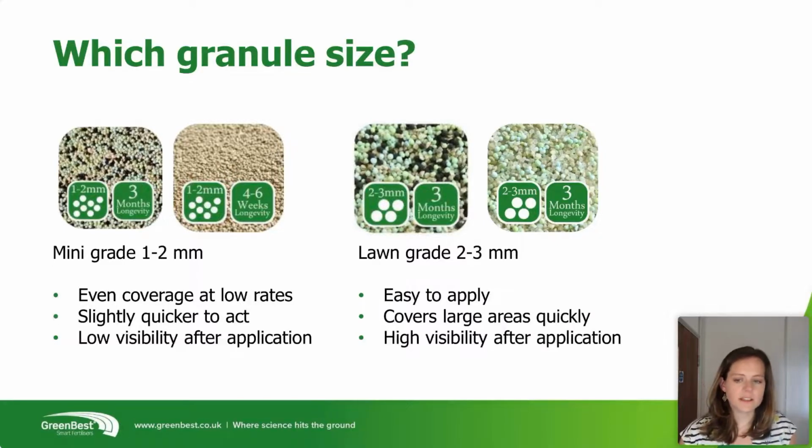The reason we've always done 2, and most of the industry has 2 available, is because from golf courses you have mini grade, the smaller grade for tees and greens and the really fine cut turf, and then for the outfield where you want something that's going to fly a bit further in the spreader, something a bit cheaper, it's the lawn grade, the larger size, where obviously you're not too worried about people seeing those larger granules. So when it comes to lawn care, we sell both because they're both equally popular.